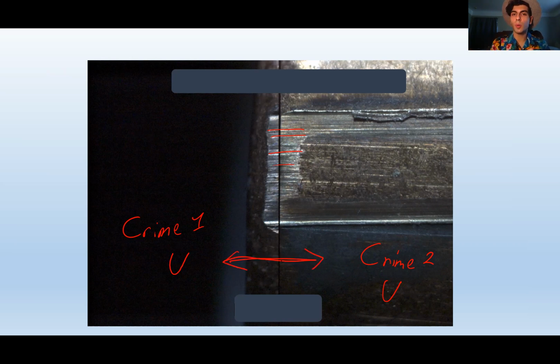Both of these bullets came from a firearm. I just don't know what that firearm is. So even if I don't have a firearm that can give me a known standard of what that barrel looks like, I can still make comparisons between unknown bullets and make individualizations.